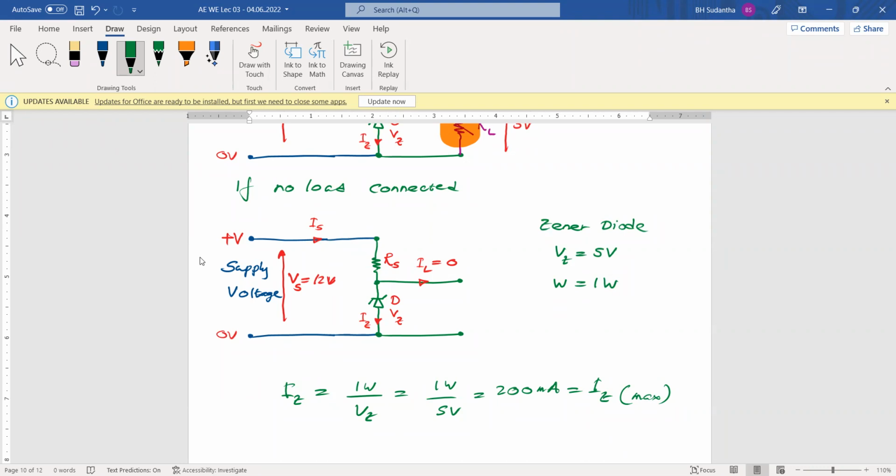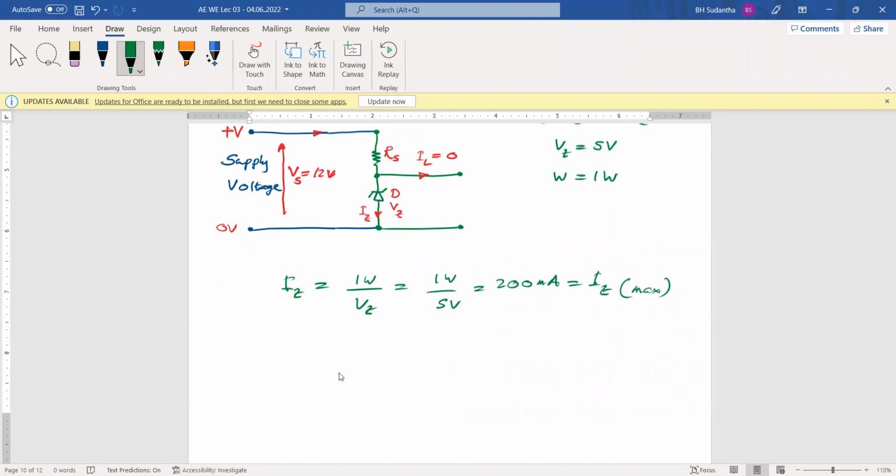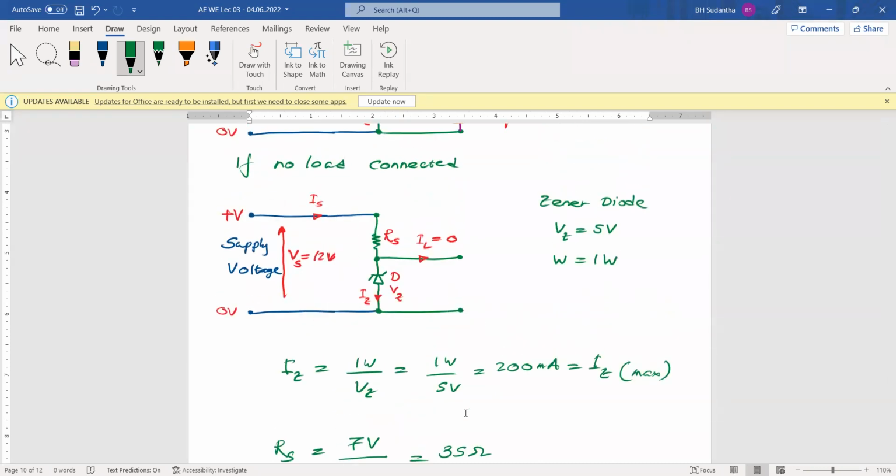To be on the safe side, we have to find the RS value. That's why we put this calculation here. Then we can find RS, because across the resistor we have 7 volts, and we put this maximum 200 milliampere current there to find this RS. That's how we came to 35 ohms. Then we have to put at least a 35 ohm resistor here as RS to protect the Zener diode.